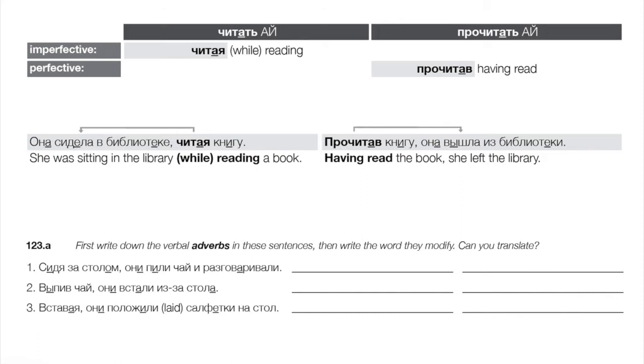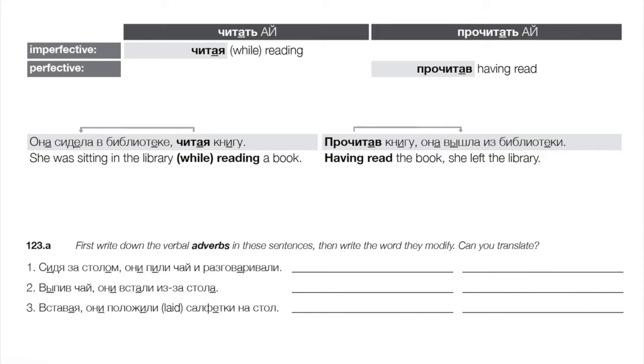How is she sitting? Well, while reading a book. Okay, so it's crucial to look at a form like chitaya, say, okay, that's an adverb. That means I'm looking for a verb in terms of figuring out what it's modifying. Then once we find the verb, we see that chitaya is imperfective, so it's describing an action that's simultaneously unfolding with the action of the main verb.